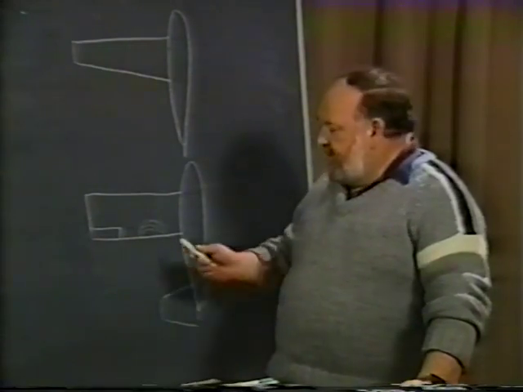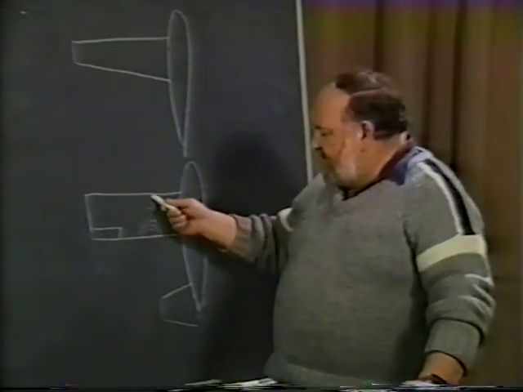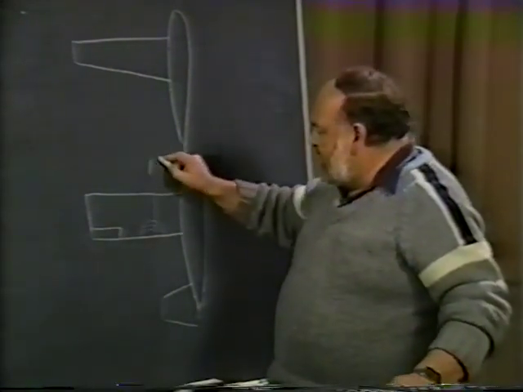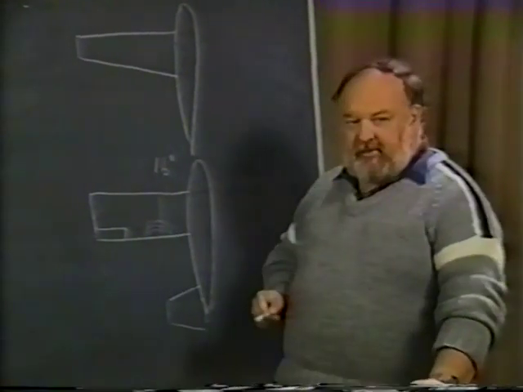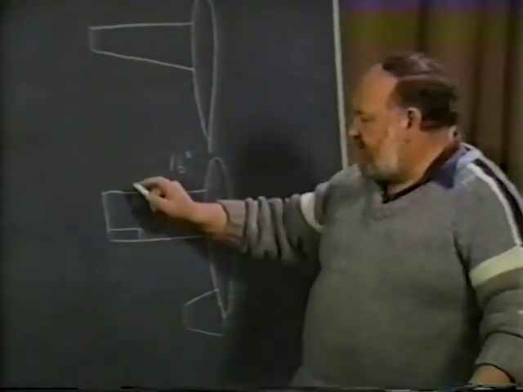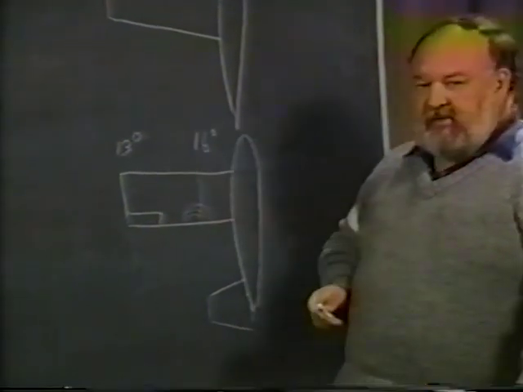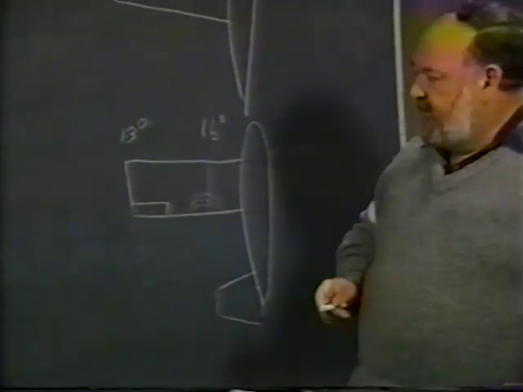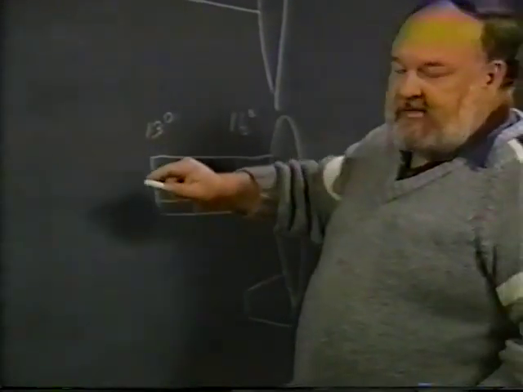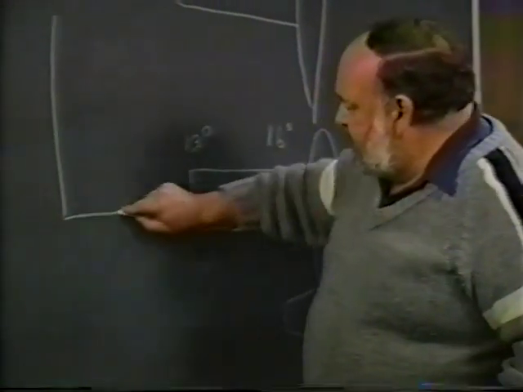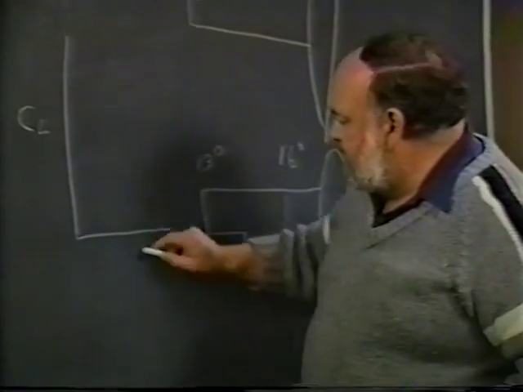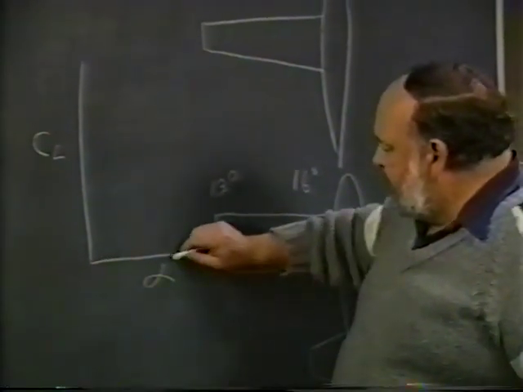One, if this inboard section stalls at, say, 16 degrees, let's pick that just as a number, and you've put 3 degrees of twist on it, then the outboard section, if everything else would be the same, is only at 13 degrees. Well, if we take a look at the CL versus alpha plot again, this is the lift coefficient, this is the angle of attack.